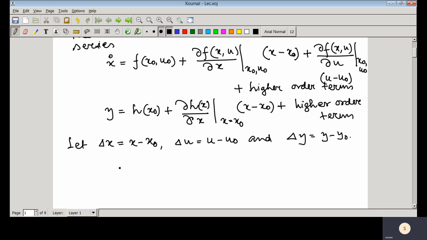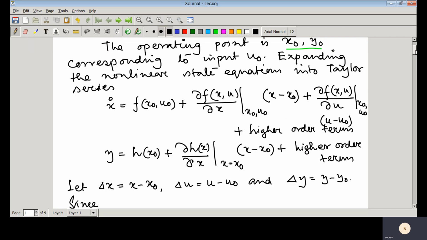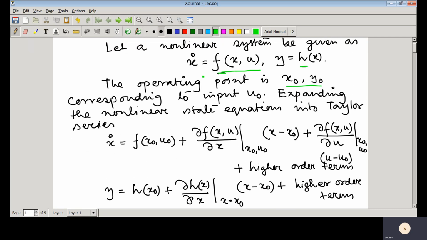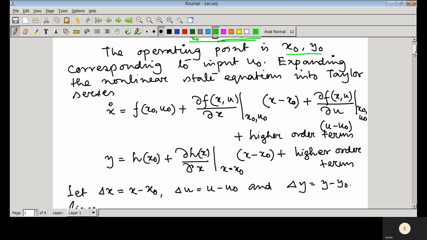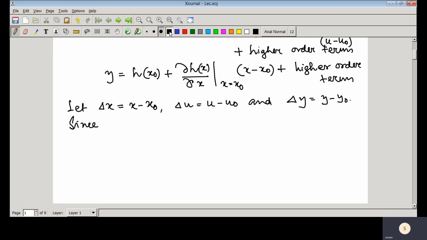And you can note that, if you look at the state equation, as x0 and u0 is an operating point, it also satisfies this equation, because x0 dot equals f(x0,u0). The differential equation is also satisfied for the operating point x0, u0.